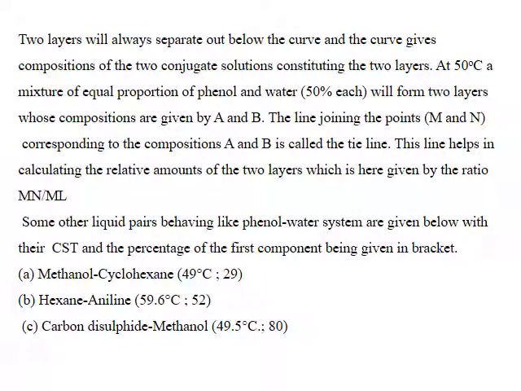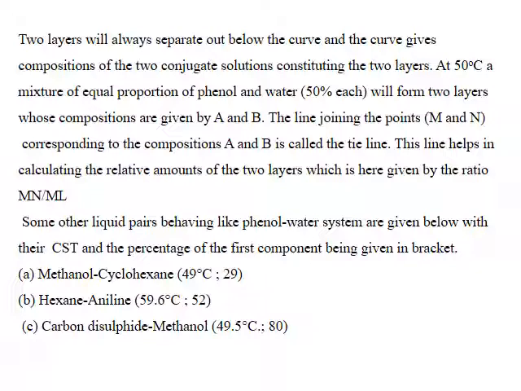The two layers will always separate out below the curve, and the curve gives the composition of the two conjugate solutions constituting the layers. At 50 degrees centigrade, a mixture of equal proportion of phenol and water will form two layers, and the composition is given by A and B. The line joining the points M and N corresponding to the composition of A and B is called the tie line.